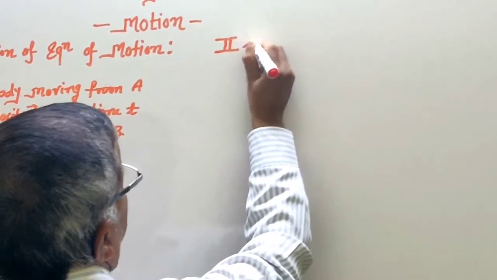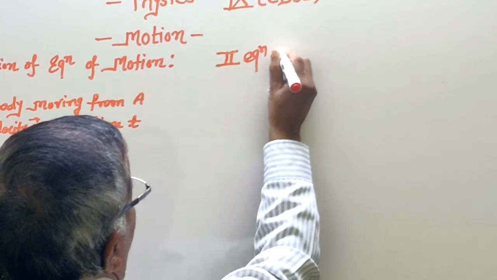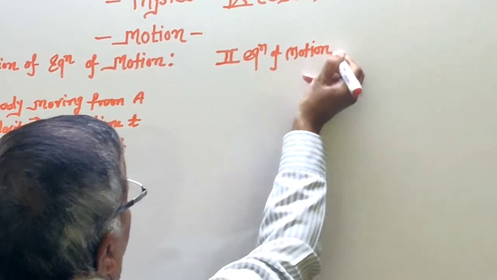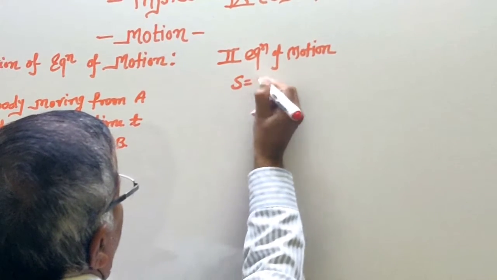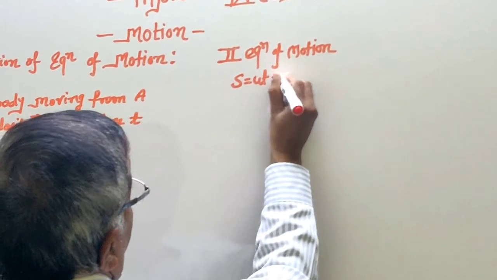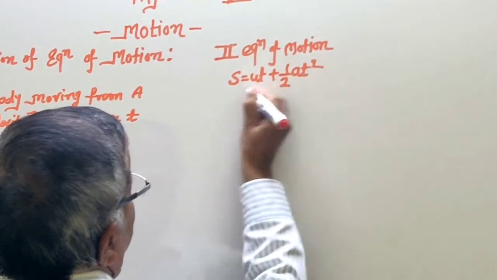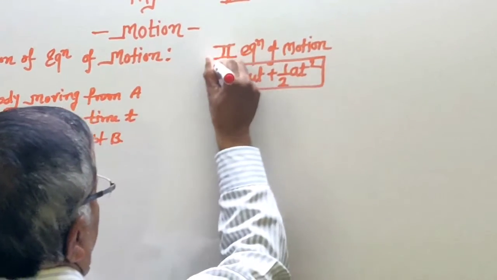The second equation of motion is s is equal to ut plus half at square. This is the second equation and I want to prove it.